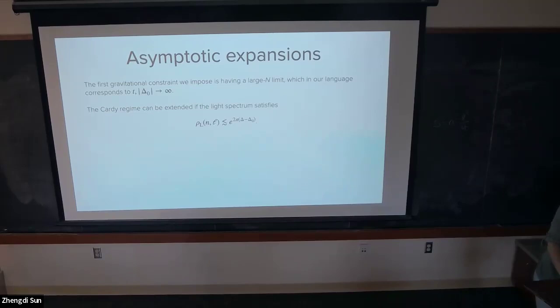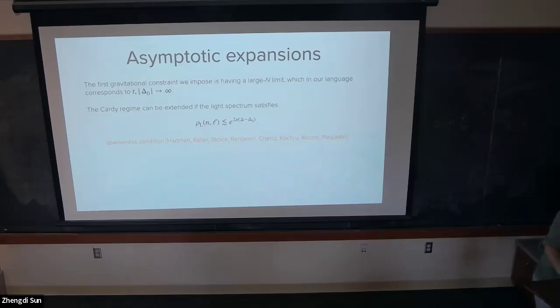And then it turns out that the Cardy regime can be extended to these intermediate temperatures if the light spectrum is sufficiently sparse. What I mean by that is that the light spectrum scales exponentially with delta minus delta 0. This condition was first written down by Hartman, Keller, and Stoica.